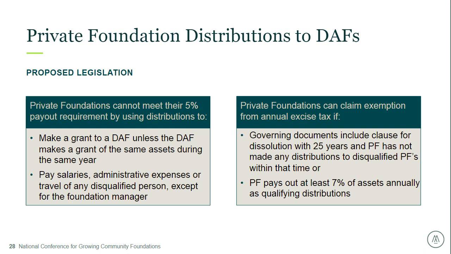So this is not saying that a private foundation has to sunset within 25 years, but it would increase the payout requirement to 7%. So, again, a little bit troubling. You can kind of see a theme here that the regulators are trying to set a timeline with respect to donor advised funds and private foundations in terms of their life expectancy or increased payout requirements.